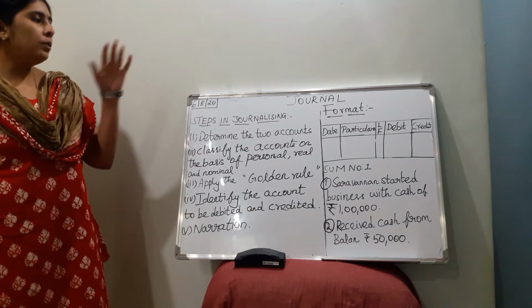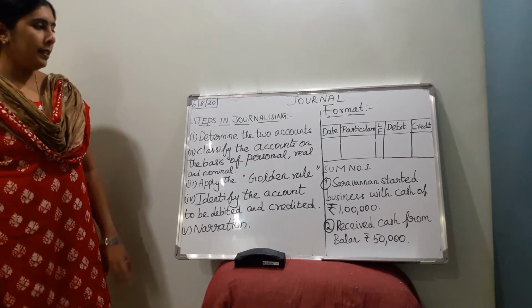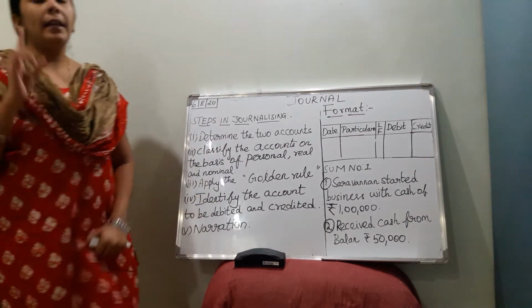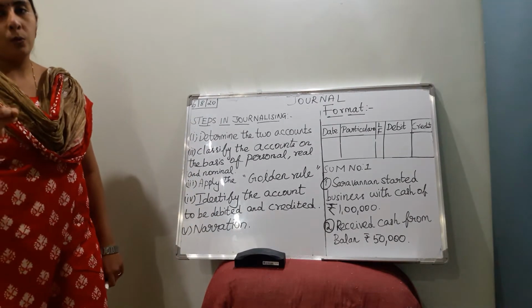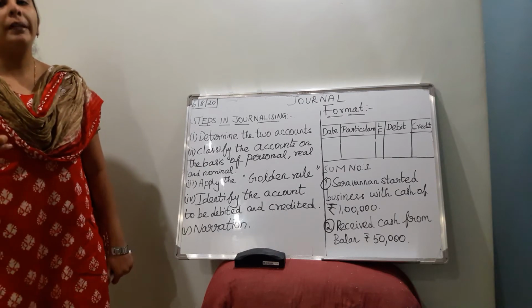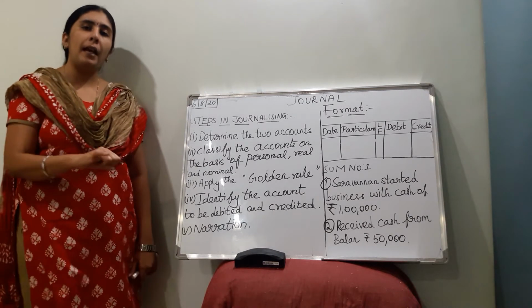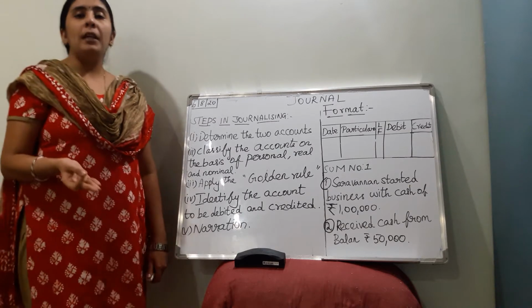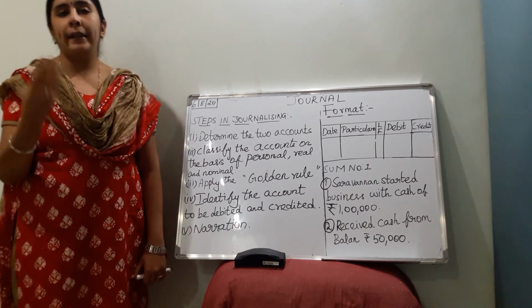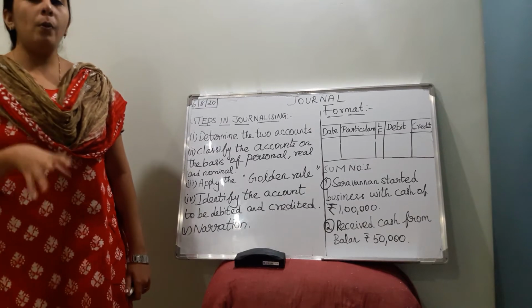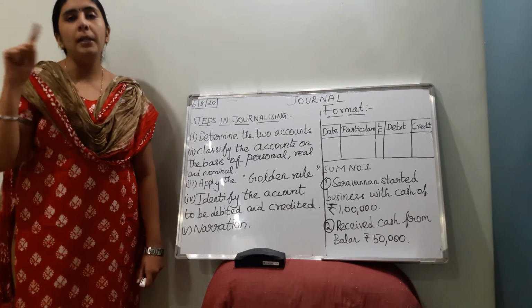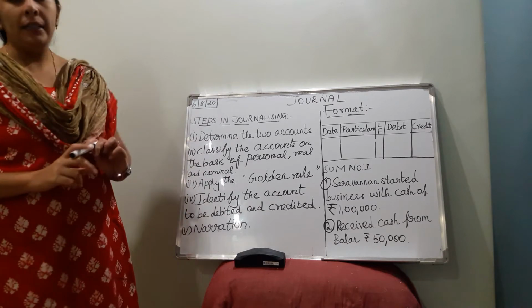Next we will get into the steps in journalizing. First, we have to determine the accounts, because in every transaction there will always be two accounts. It can be cash, any asset, the name of a person, or a capital account. However it is, there will always be two accounts, because one account will be debited and the other account will be credited.